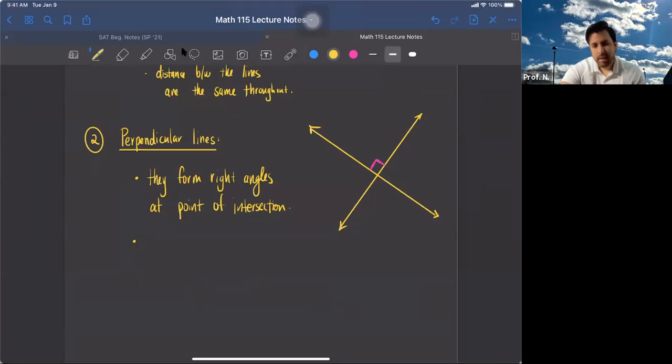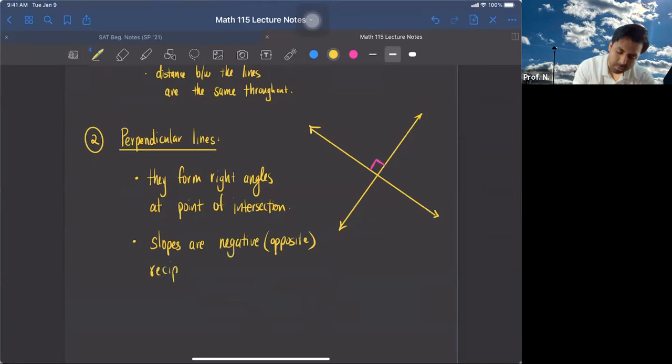Yes, that's right, Elizabeth. They're opposite reciprocals. We also call them negative reciprocals. So the slopes are negative or opposite reciprocals of one another.